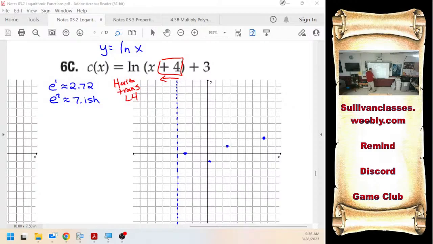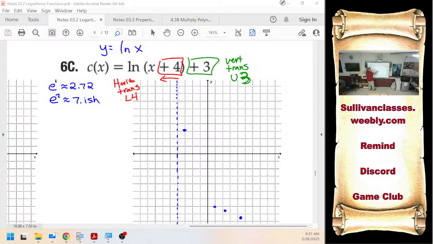But then they tell me a vertical translation up, that's a 3. So this point here will go up 3, and then I'll start my powers of e.